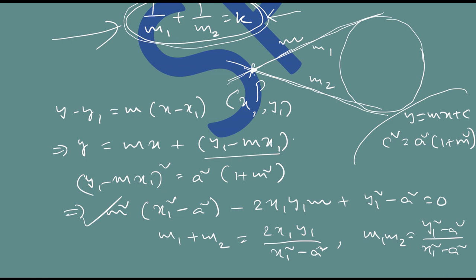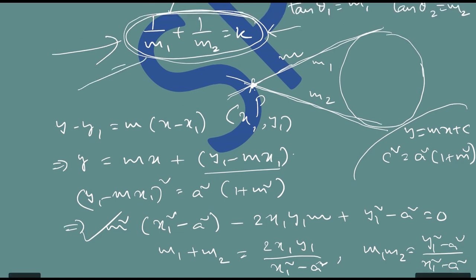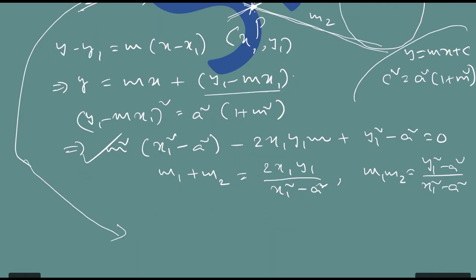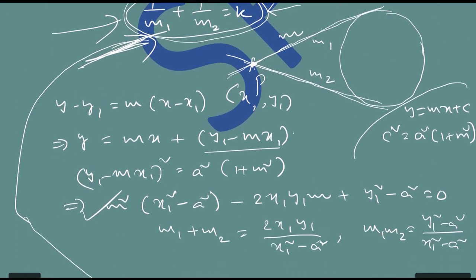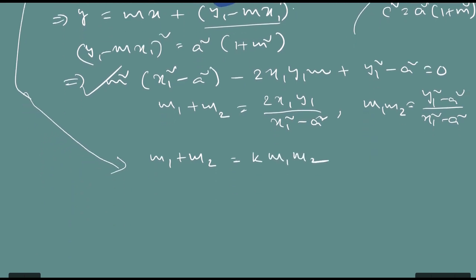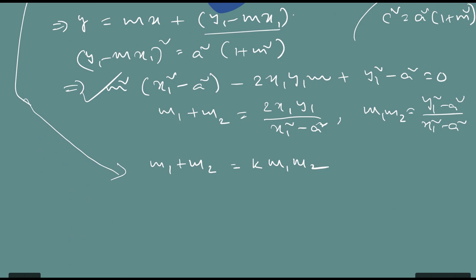And now with the help of these relations we are going to find the locus. You see, he gave this condition. We are going to substitute these values in that condition. The given condition, taking LCM, I get it as m1 plus m2 is equal to k times m1 m2. Now I know the m1 plus m2 value and the m1 m2 value.